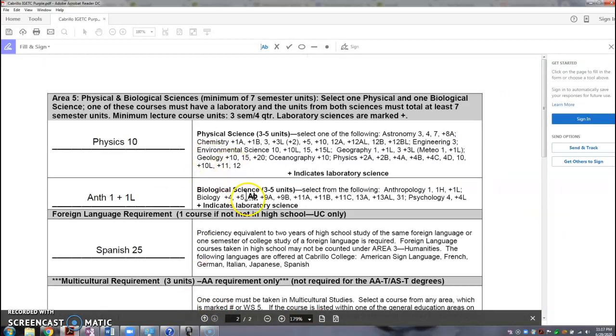And then you got to do a physical and a life science. So my original major was actually psychology. So I did Psych 4, not anthropology. So you can do that if you're going to do a psychology major. Si no sabes, you could do anthropology if you're going to do sociology. Or you could do biology if you're going to do nursing, STEM, doctor, psychiatrist.